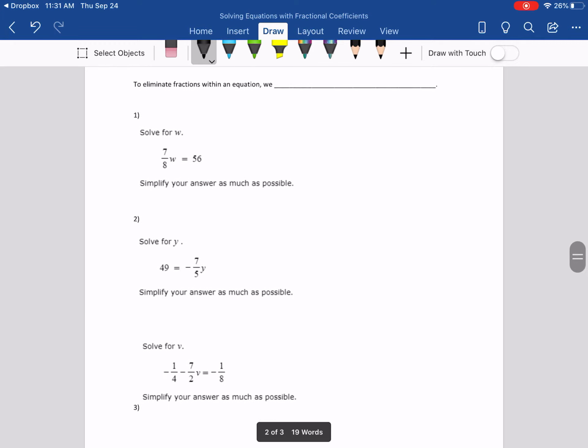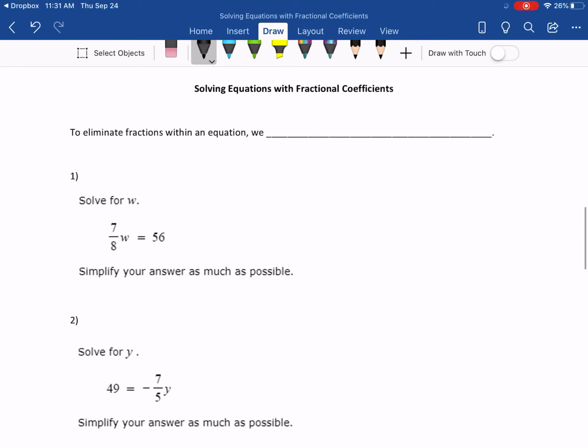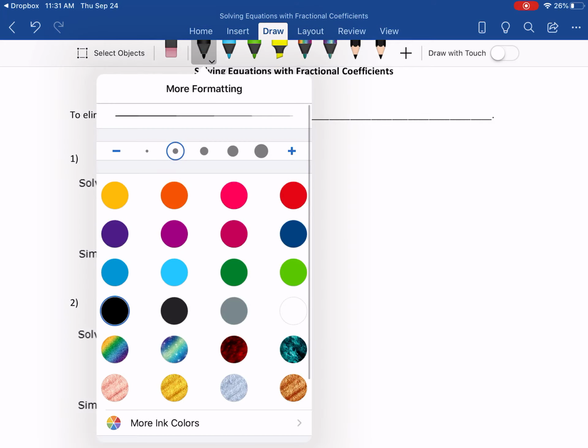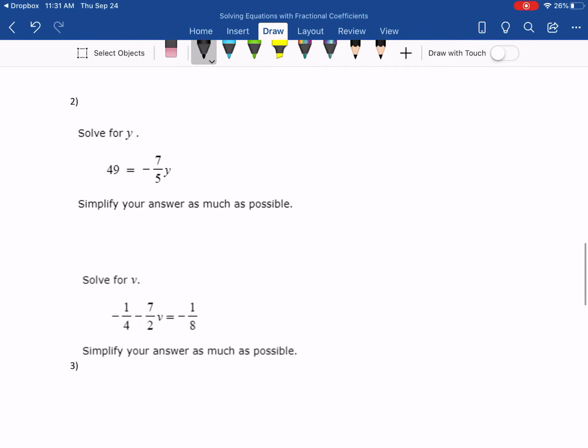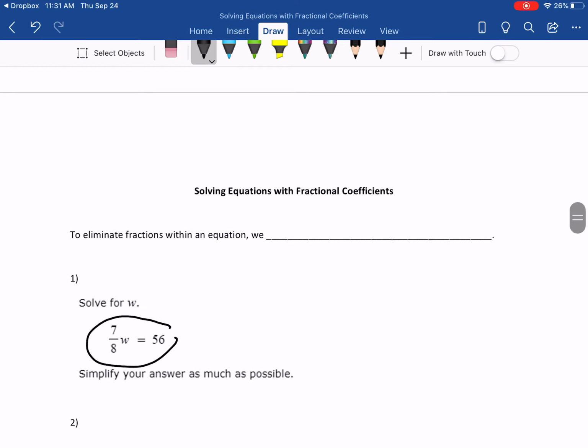Okay, so the whole reason that we went over LCD is because guess what? To eliminate fractions within an equation. So we're dealing with equations like that, which has a fraction there, and then we have ones with 3 fractions, okay? So the whole idea is we want to eliminate fractions. We want to transform the equation into an equivalent equation that does not have any fractions.